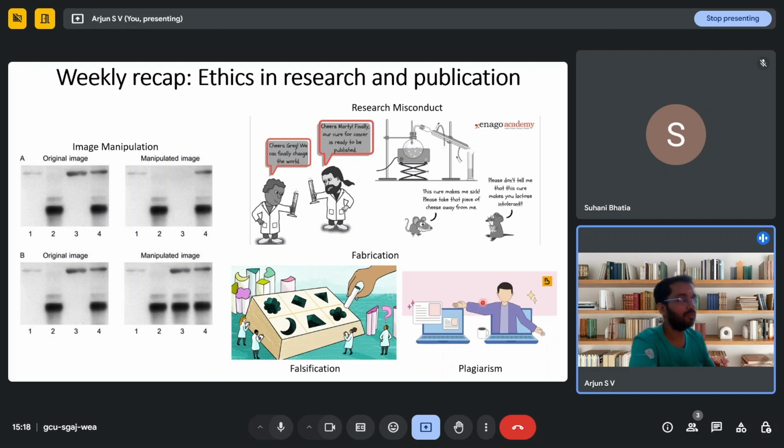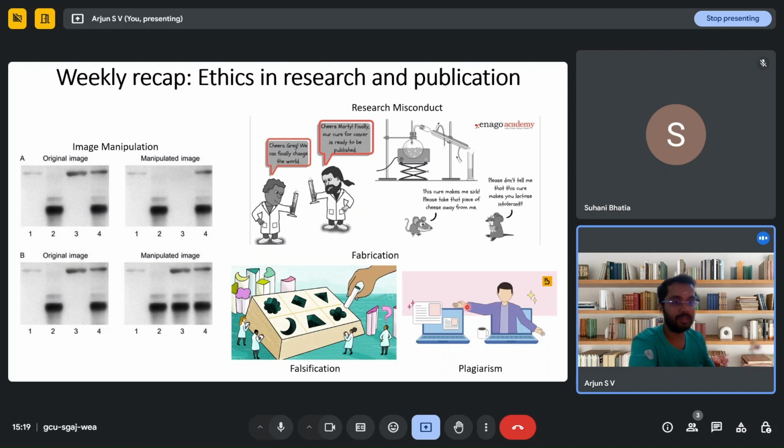The third type of research misconduct is plagiarism, which is basically copying scientific data from a journal, a conference, or any other lab person's data into one's own data. Plagiarism is divided into several classes.